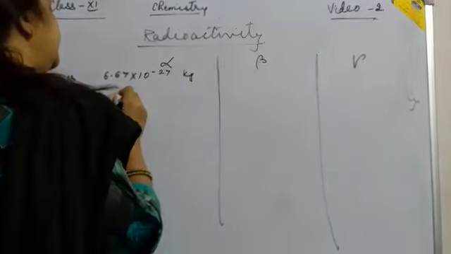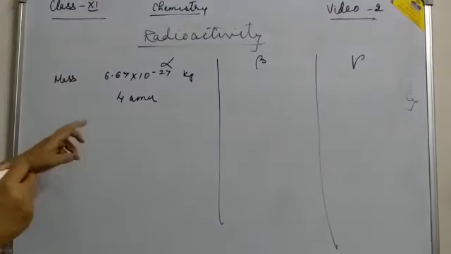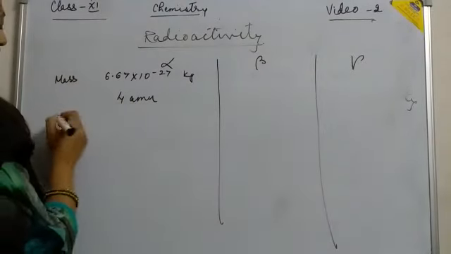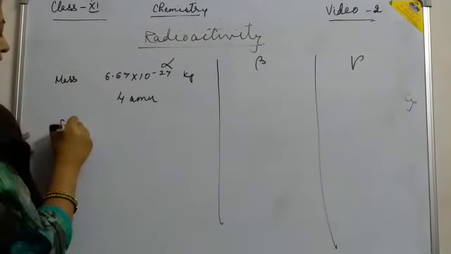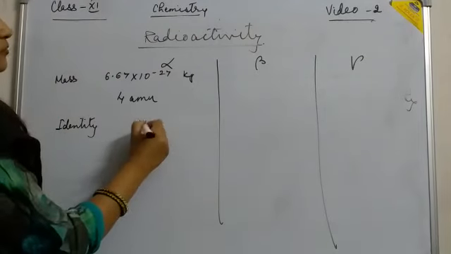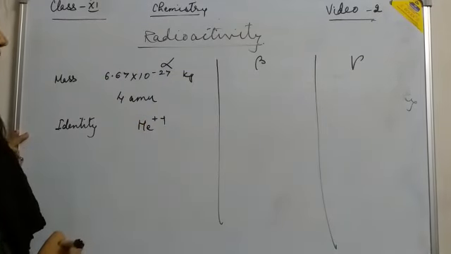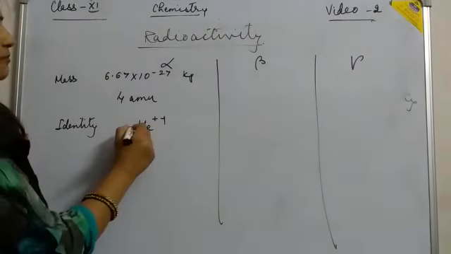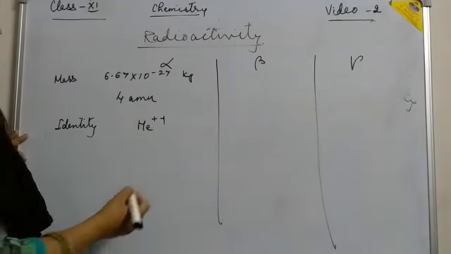We can say that it is 4 AMU, because the identity of this alpha ray is doubly positively charged helium ion. The mass of the helium is 4 amu. So the mass is 4.